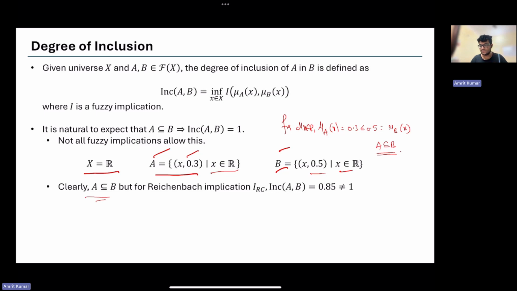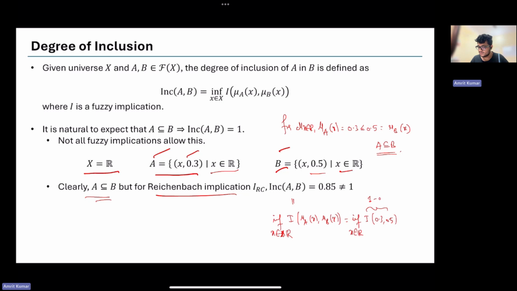So this definitely holds. Now let us compute the inclusion degree of A and B. This would be the infimum as x varies over the universe capital X, and that capital X is R in this case. This is the same as the infimum, but we are taking the Reichenbach implication.